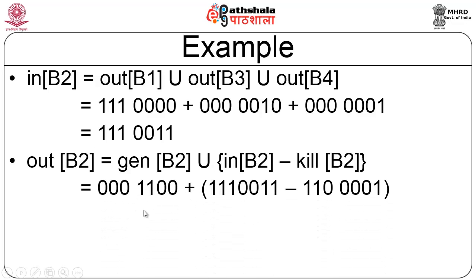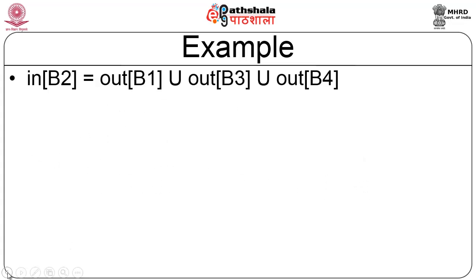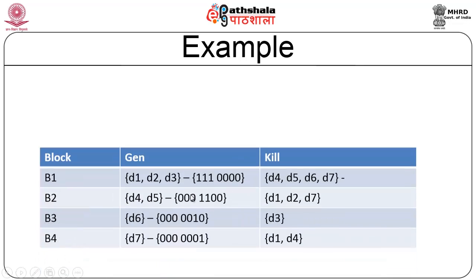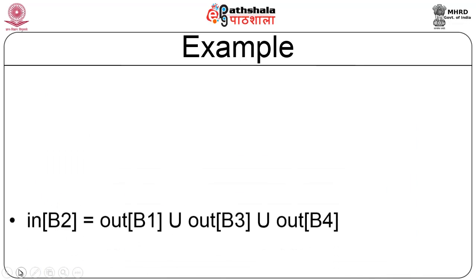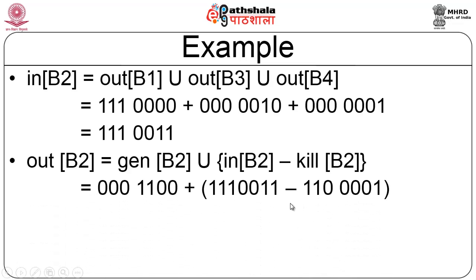Gen of B2: block B2 defines 2 statements D4 and D5, therefore, they are set to 1, and in of B2 is what we have just computed. Kill of B2 is D1, D2, D7, as you could see here.